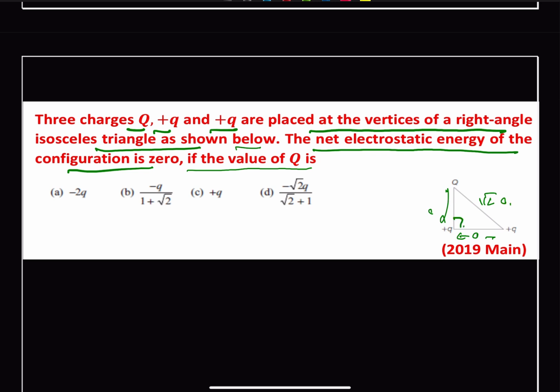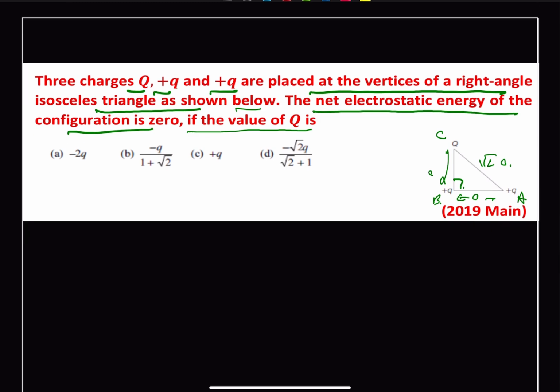Okay. So the net electrostatic energy. Let us call this plus Q, and let us put this here, point A, this is B, and this is our point C. So we can find out the energy.